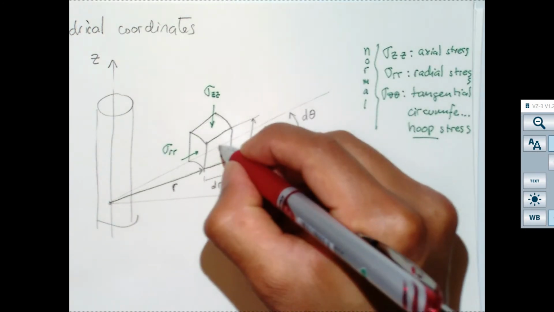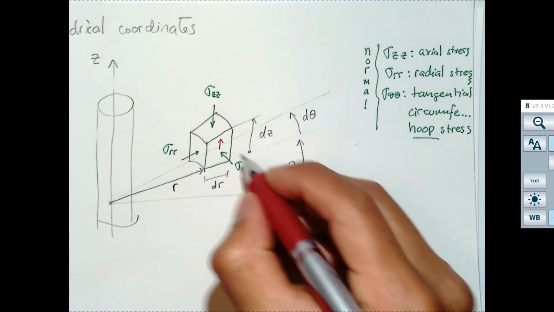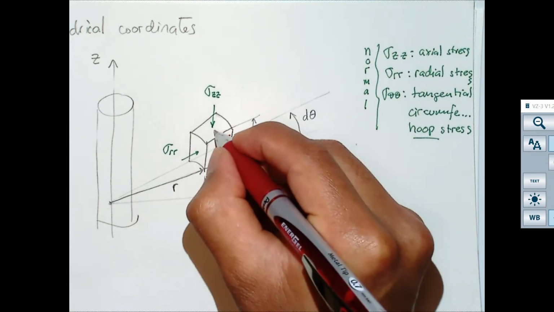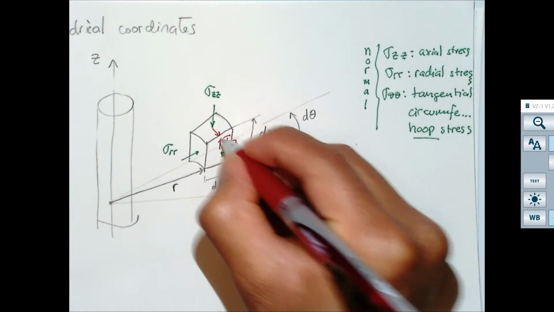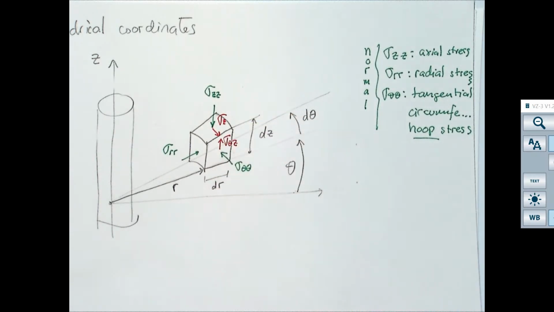So I'm just going to draw it in one direction. I just want to know the name. What is the name of this shear stress? Sigma theta z, and opposite to that one, I'm going to have sigma z theta.